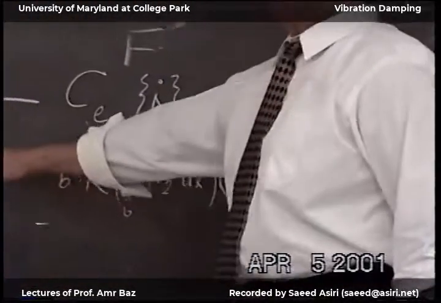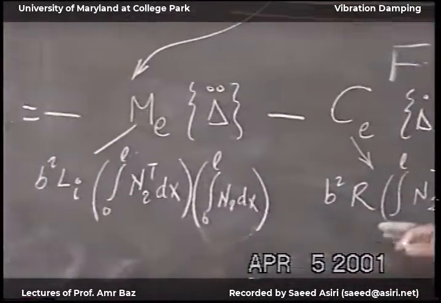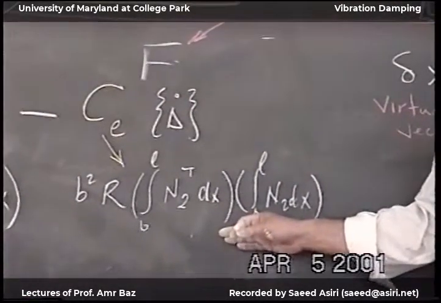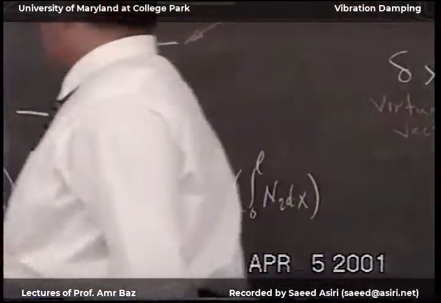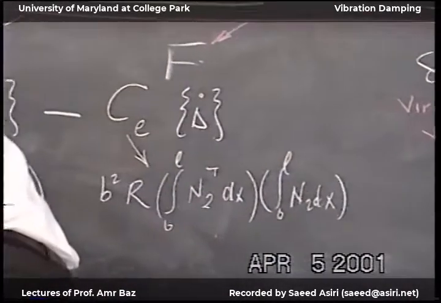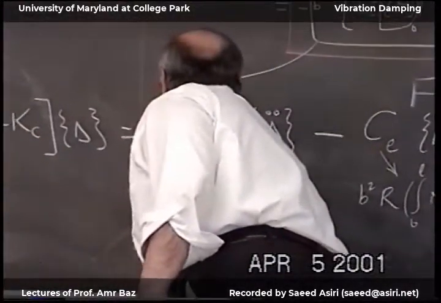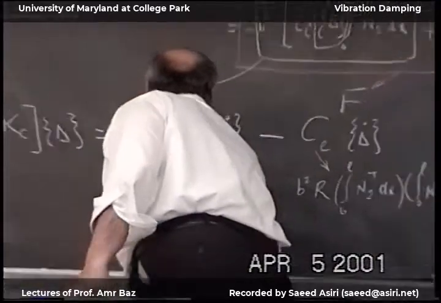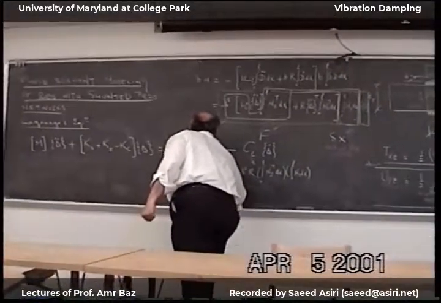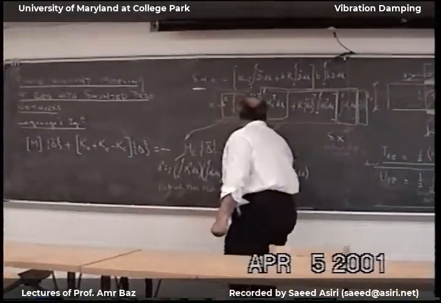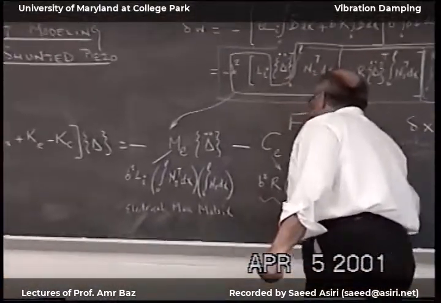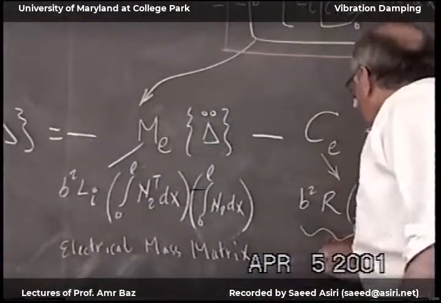So this would be the electric inertia. This would be the electric damping that comes from the shunted network. So this is the electric inertia matrix, or electric mass matrix. And then this is the electric damping matrix.